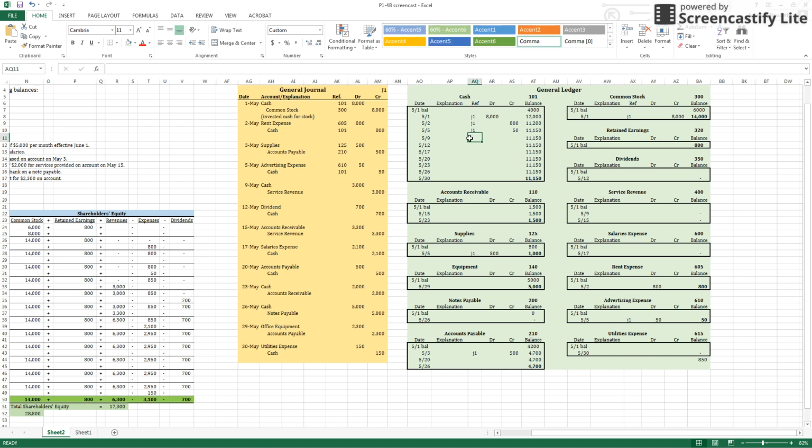journal entry on May 9th. We have a debit of $500, and so we have a debit of $3,000. And so we would put that in there. And our service revenue account is $400, and we would put that as a credit.